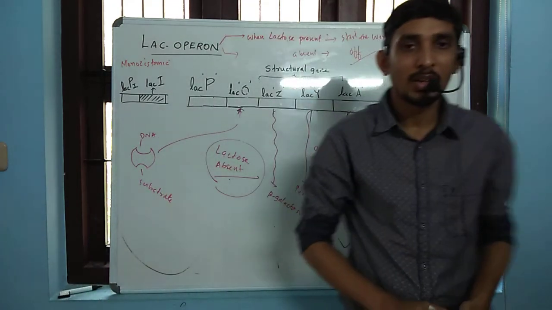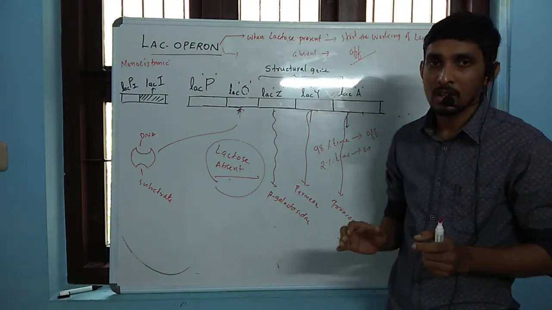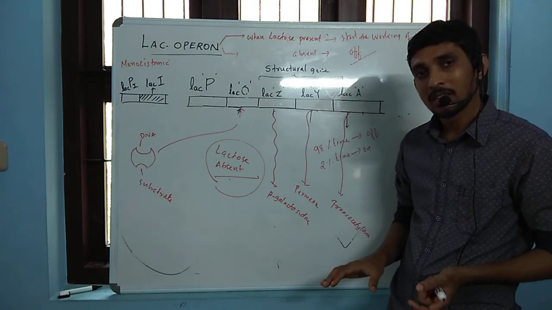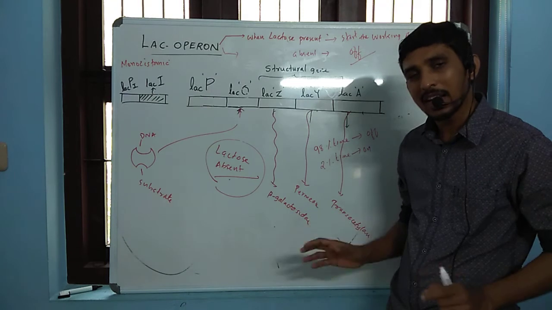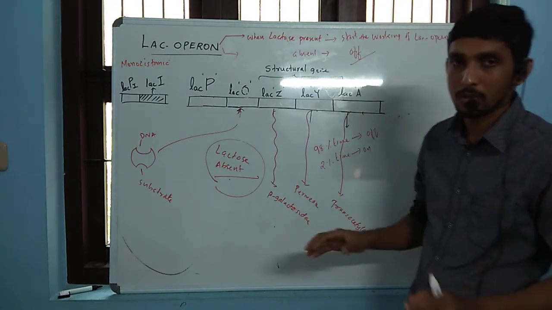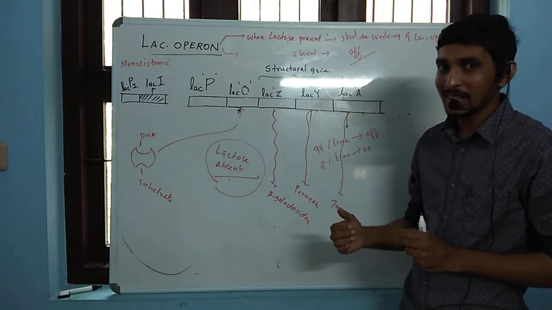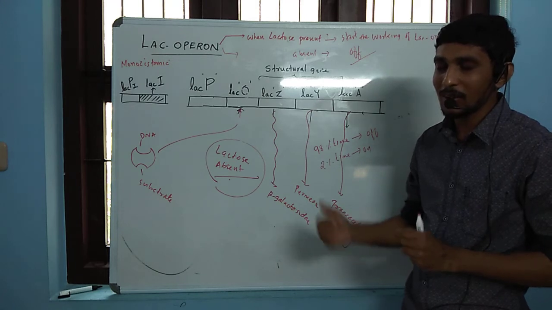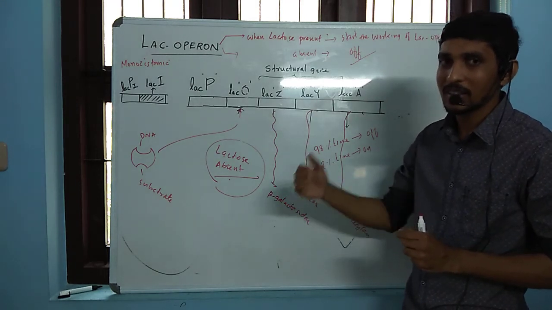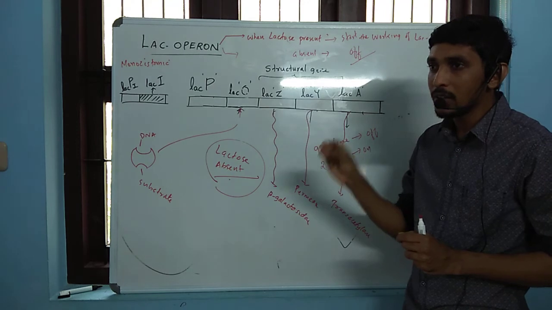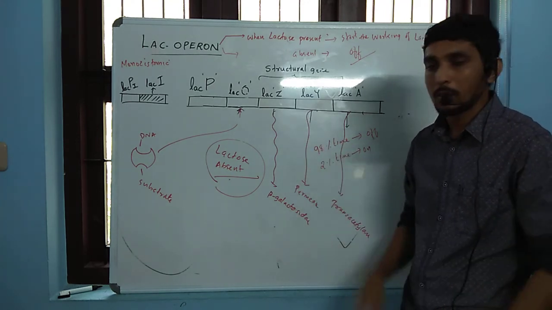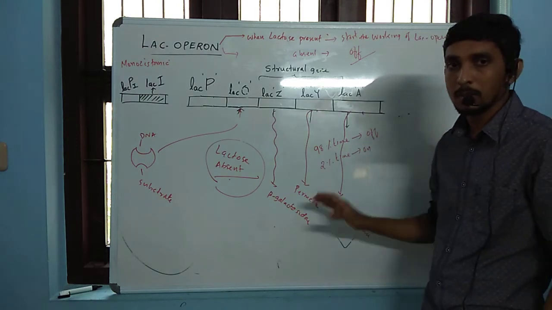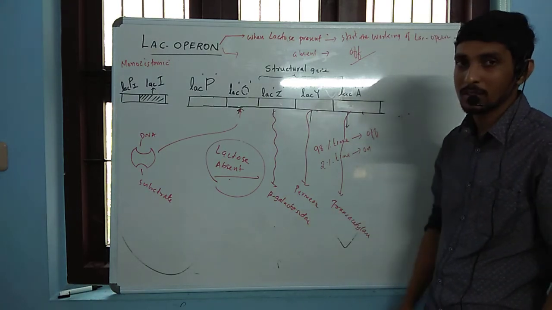So, we must understand that when lactose is absent, 98% of the time the lac operon is off, whereas 2% of the time it's in an on, working condition, and in that very short time it produces a very low amount of beta-galactosidase, permease, and transacetylase.